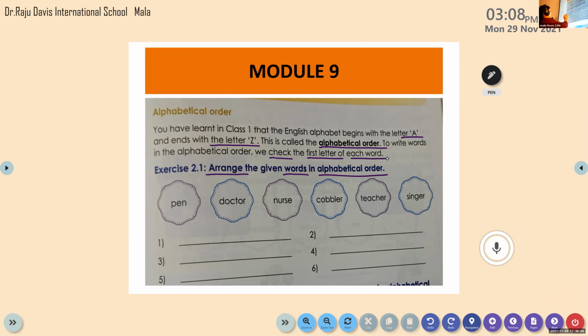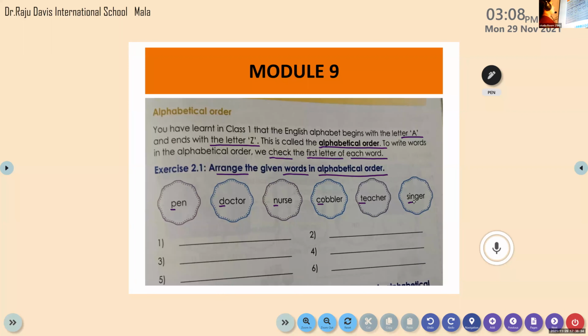The first letter of the word pen is P. The first letter of the word doctor is D. The first letter of the word nurse is N. The first letter of cobbler is C. The first letter of the word teacher is T. And the first letter of the word singer is S.